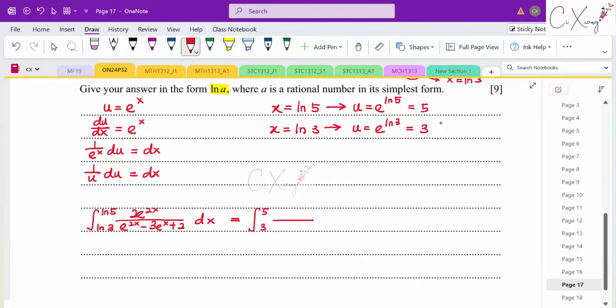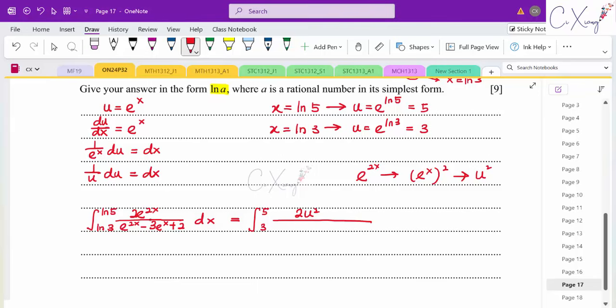Okay, then after that, what happens to the term inside? 2e^2x, 2 is a constant so I just copy it. E power 2x can be written as e power x squared. E power x is basically u in our substitution here. Can see very clearly, right? So e power x is the u, so you're having u squared here. So by right, you should be having 2u squared.